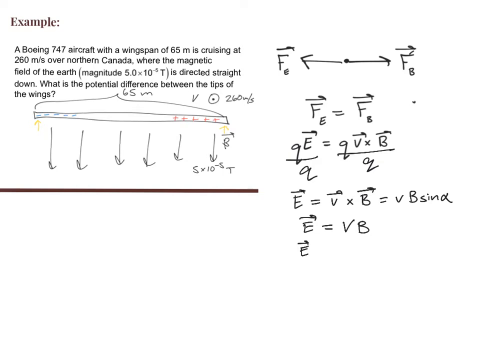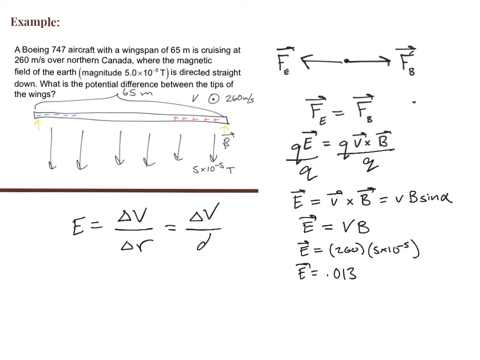You have the electric field equals velocity V, 260, times B, which is 5 times 10 to the negative fifth, which ends up being something like 0.013 for your electric field. And then you have an equation that says that electric field equals change in potential over the separation, which would be delta V over D, basically.